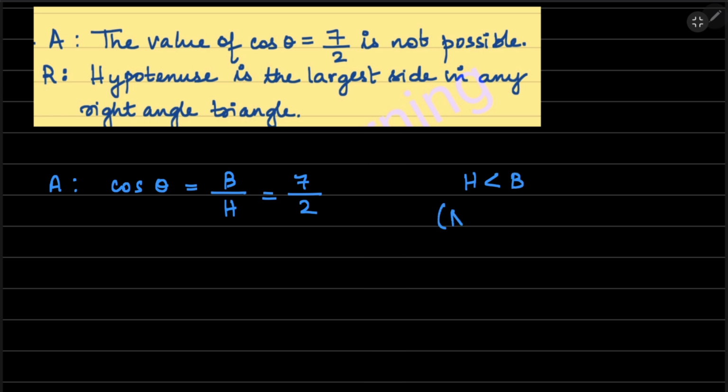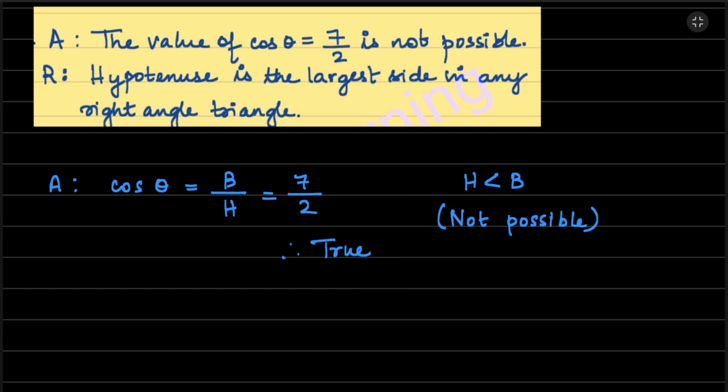So this is not possible for any right angle triangle, not possible, right? But what is the question stating? The value cos theta equal to 7 by 2 is not possible is what is given, therefore it is true. Okay, it is actually given that 7 by 2 is not possible because hypotenuse cannot be lesser than base. So it is true.